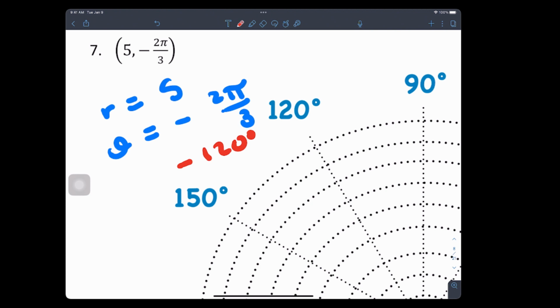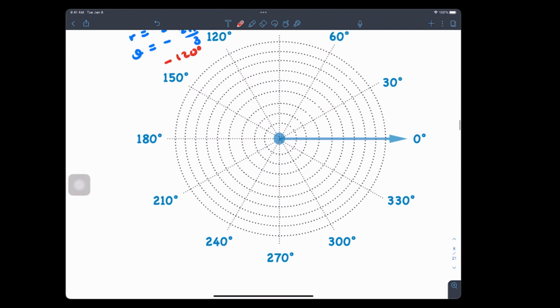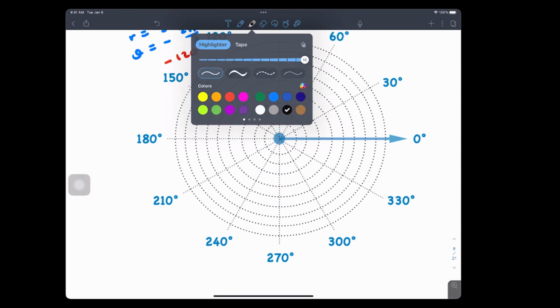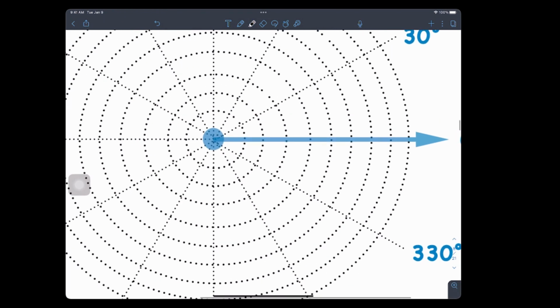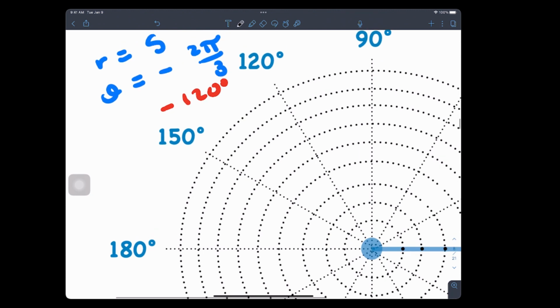So let's plot where 5 would be on the polar axis. 1, 2, 3, 4. Here's 5. The angle is negative 120.